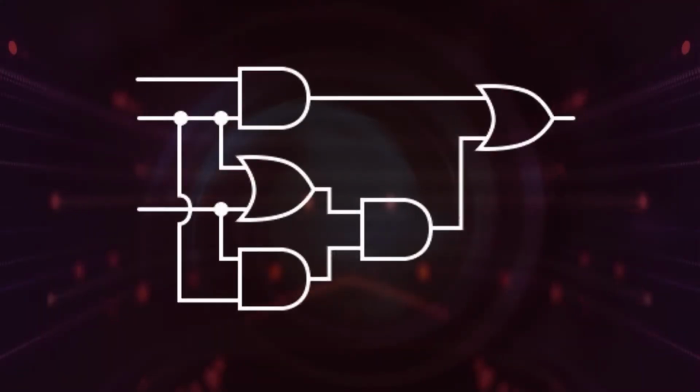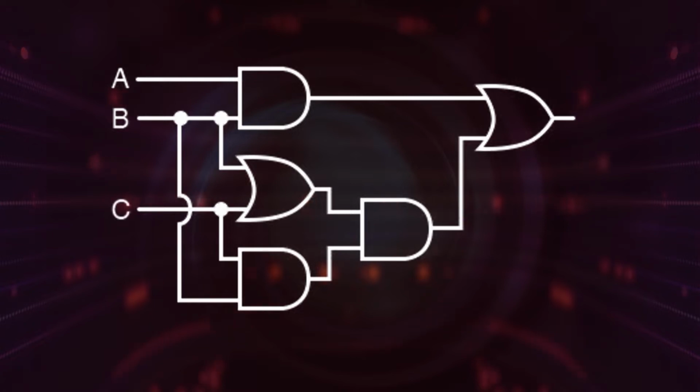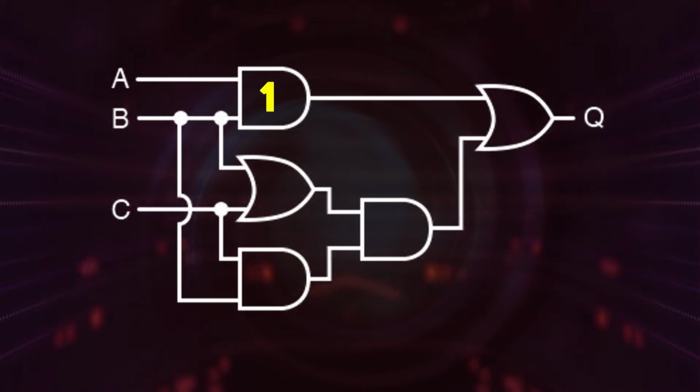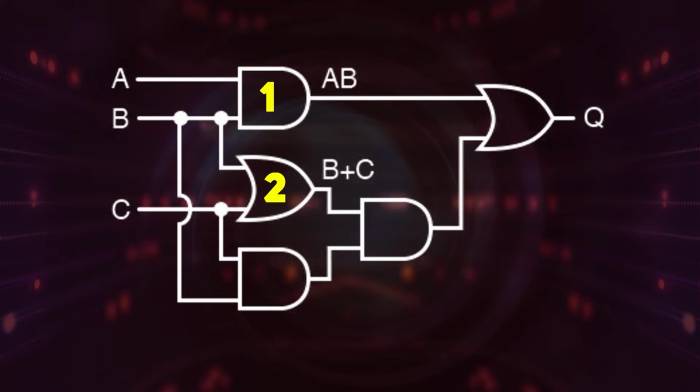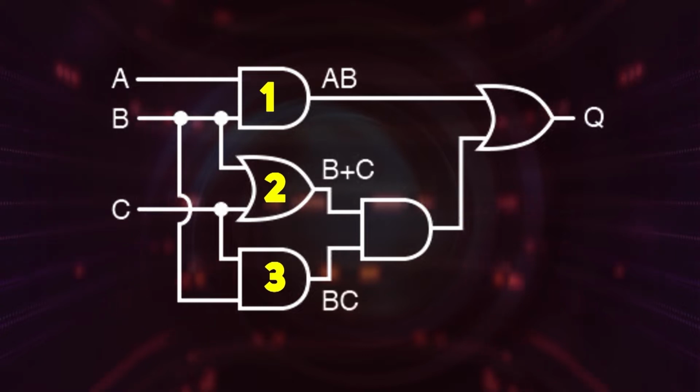Here we have three inputs A, B and C. In this logic circuit, input A and B is fed to the AND gate 1 and it outputs A dot B. Similarly, input B and C is fed to an OR gate, that is gate number 2, resulting B plus C. The AND gate number 3 receives two inputs B and C and produces B dot C.